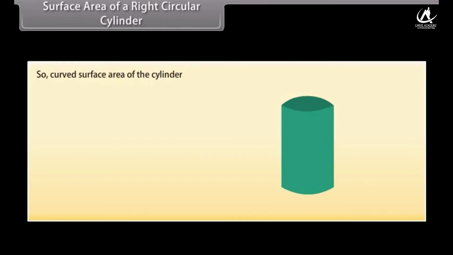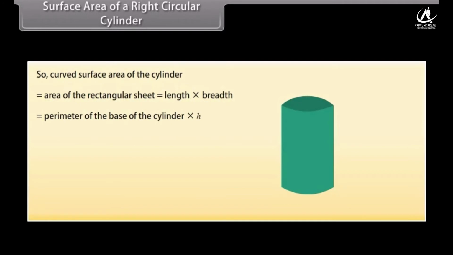So, curved surface area of the cylinder is equal to area of the rectangular sheet, which equals length into breadth, which is equal to perimeter of the base of the cylinder into h, which equals 2 pi r into h. Therefore, curved surface area of a cylinder is equal to 2 pi rh.